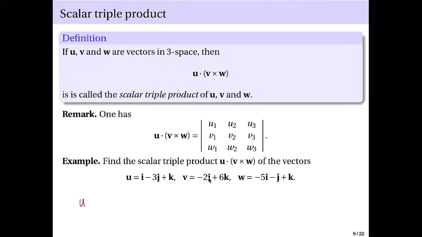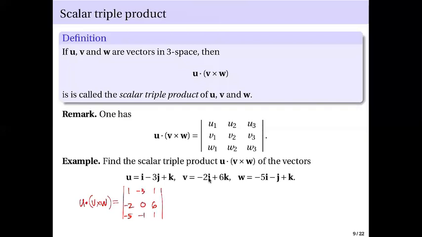But anyway, u dot v cross w is the determinant of the matrix 1, negative 3, 1, and then negative 2, 0, 6, and then negative 5, negative 1, 1.